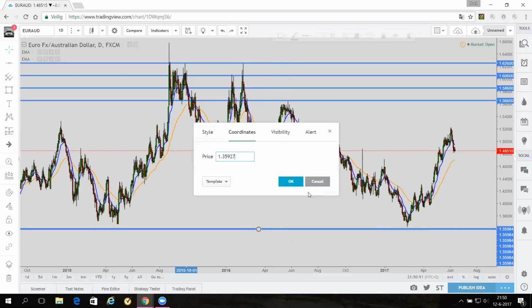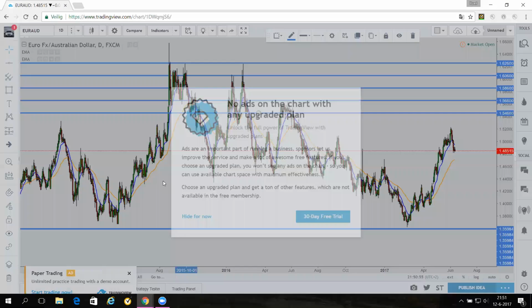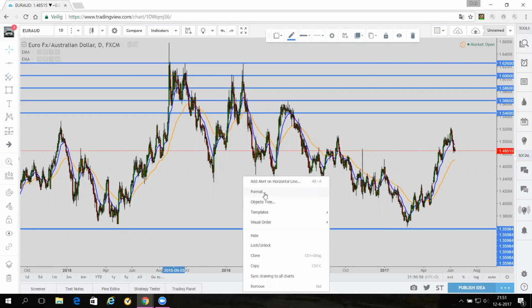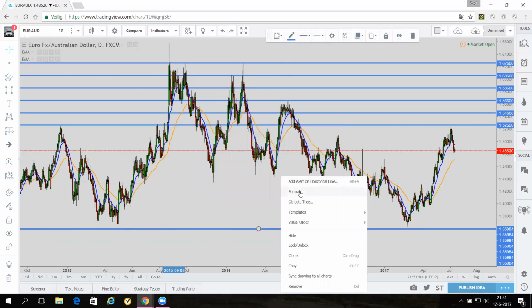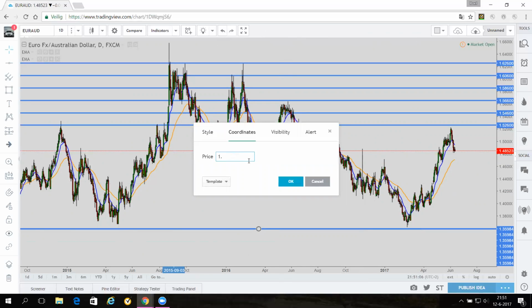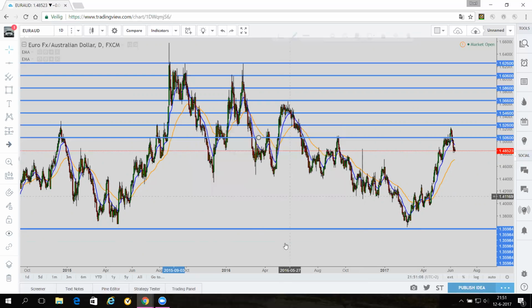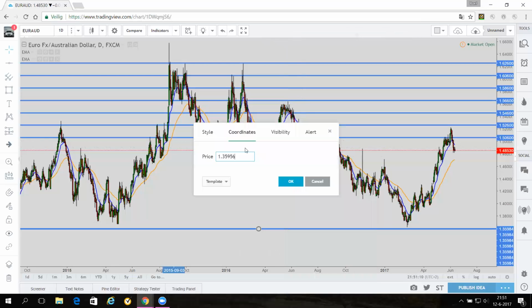Keep adding them in. Add a few more. You will start to see it in a second. Go down to the 4s.